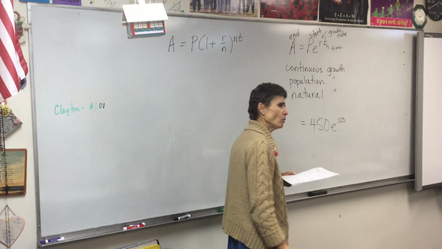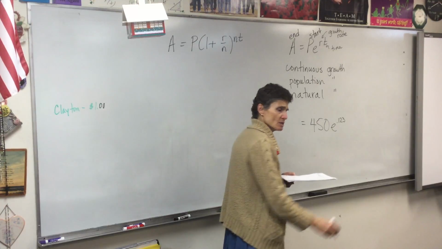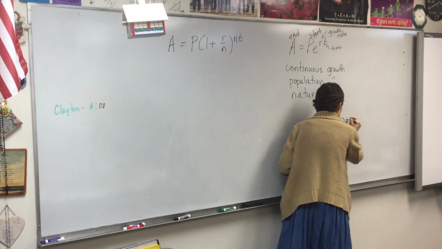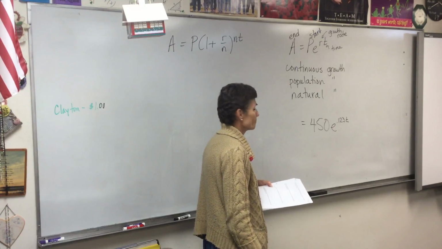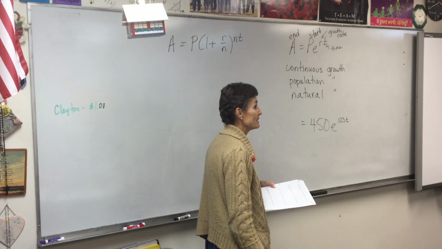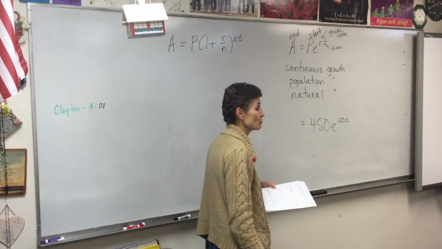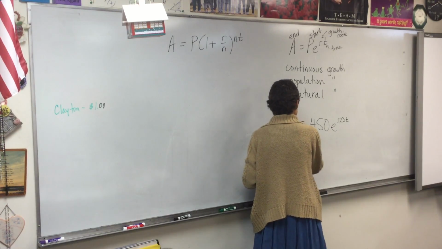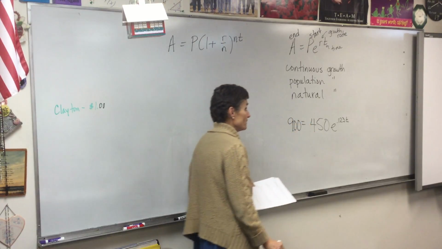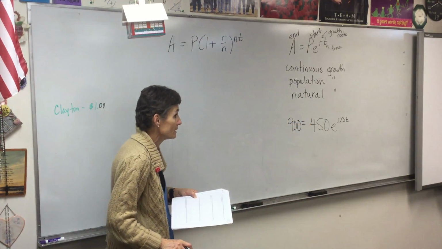Now it says, how long will it take? So do you think T is my variable? What's my A? 900. Somebody said it. Why is A 900? Double. I'm doubling. So doesn't it make sense that if I'm starting with 450, I would be ending with 900? Yes.